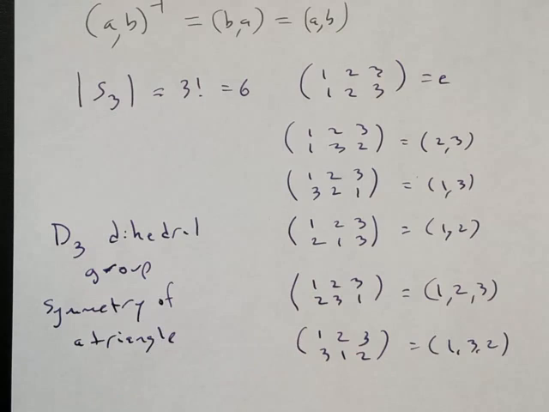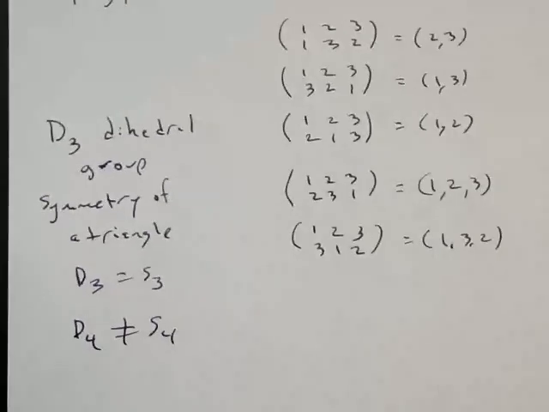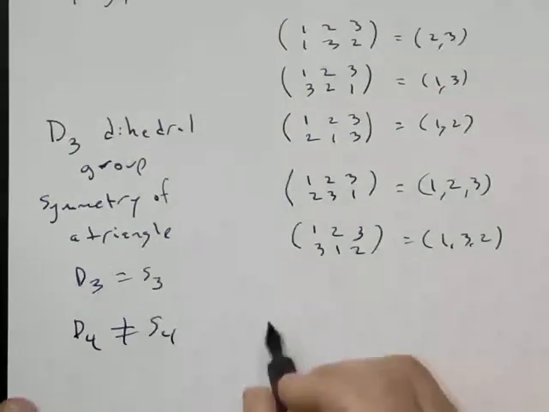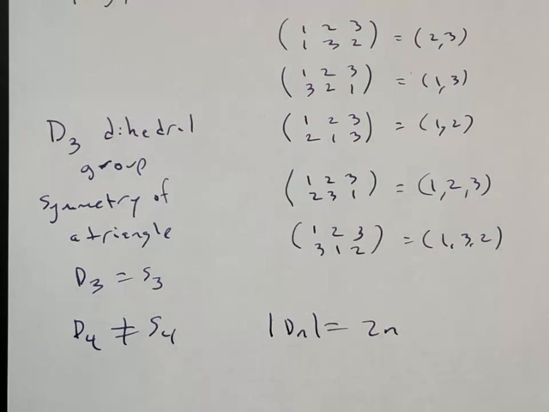But D3 is the same as S3. D4 is not the same as S4. The size of Dn is 2n. There are n rotations and n mirrors.